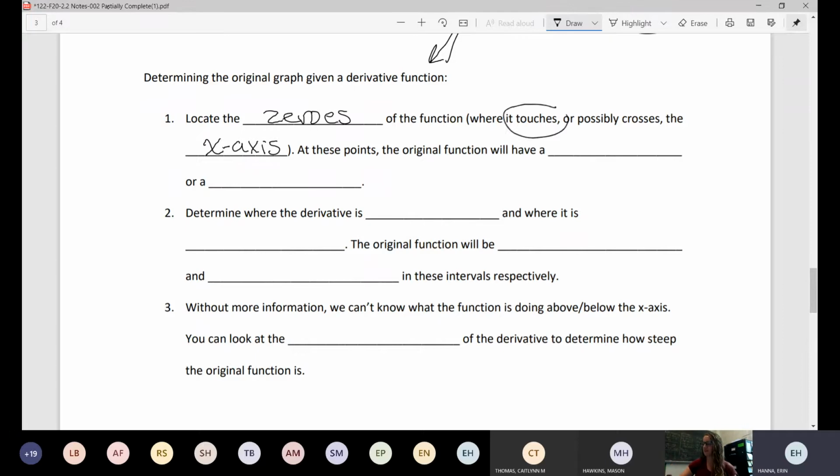So while we can talk about where it touches the x-axis, the main thing we're going to focus on is where it crosses the x-axis. So I'm going to kind of cross out that part where it says touches.